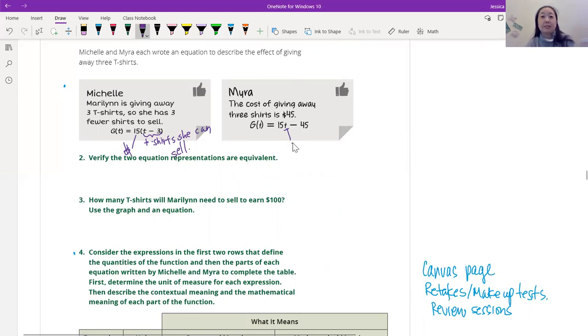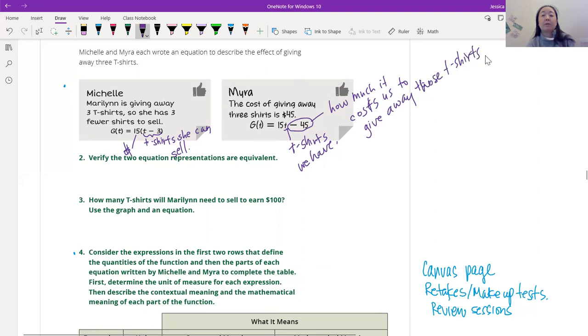So this is t-shirts we have, and then we're going to times that by 15 and take away 45, how much it's going to cost us to give away those t-shirts, or how much that affects our earnings, right? We lose $45 in potential earnings. I should probably say that.